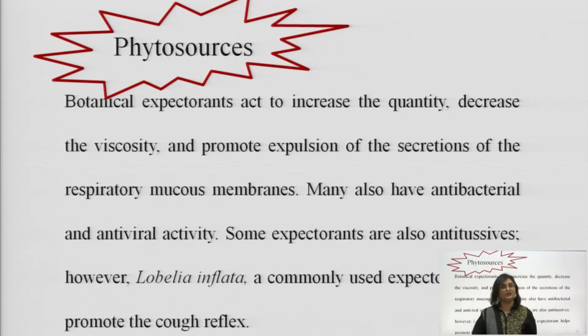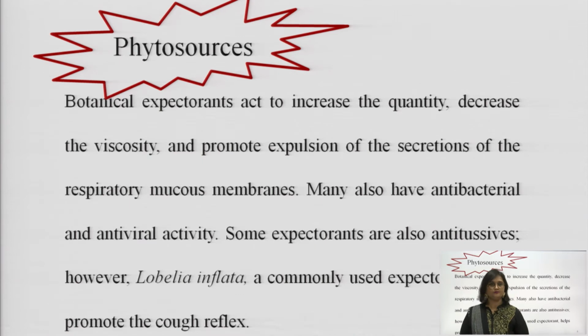Now, moving on further, what are the phyto sources? What are the plant sources for expectorants? Well, the plant sources, or to be more precise, the phyto sources for the expectorants can be categorized as follows. Botanical expectorants act to increase the quantity, decrease the viscosity and promote the expulsion of the secretion of the respiratory mucous membrane.